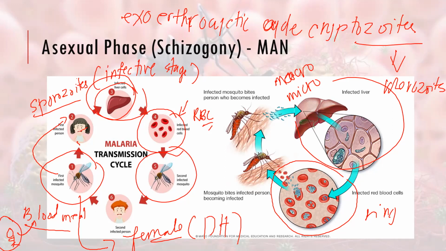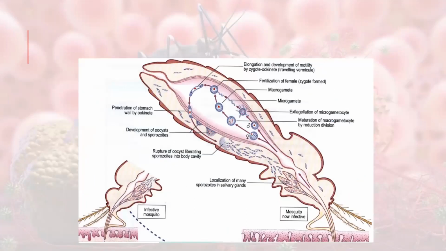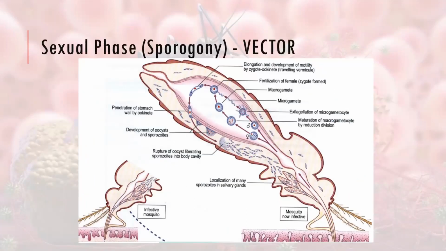That is what it ingests, the macro and microgametocytes. Then the sexual phase of reproduction will take place in our vector. So what happens? The micro and macrogametocytes are ingested by the Anopheles mosquito in the blood meal from the man.